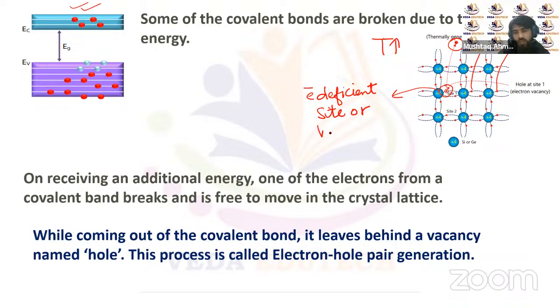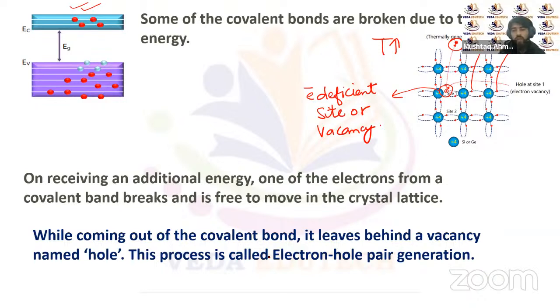This electron deficient site or vacancy is what we call a hole. So while coming out of the covalent bond, the electron leaves behind a vacancy that we call a hole, and this process of creation of an electron in the conduction band and a hole at the lattice site is what we call electron hole pair generation.